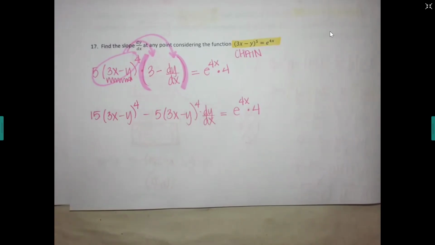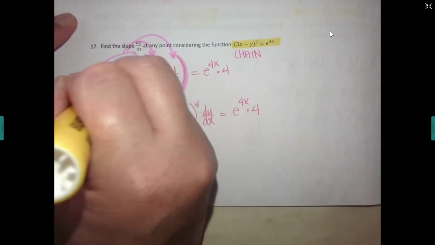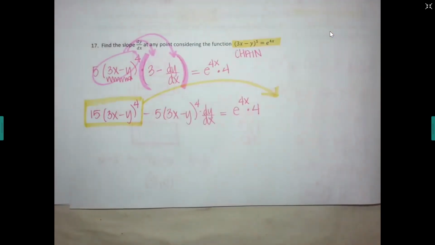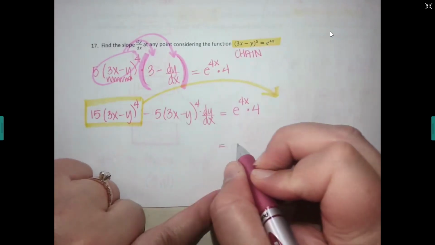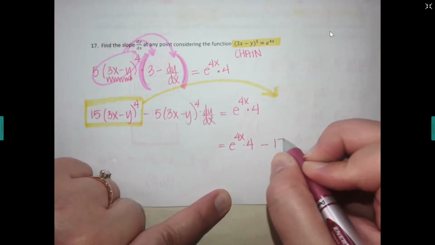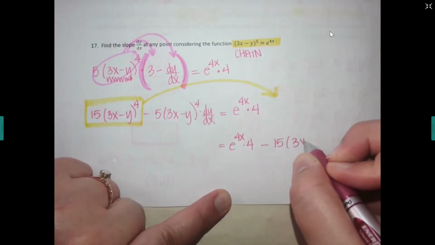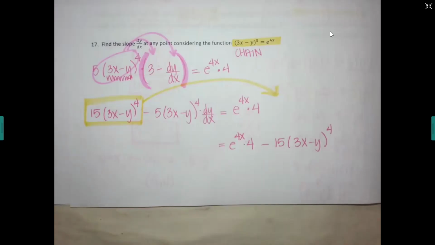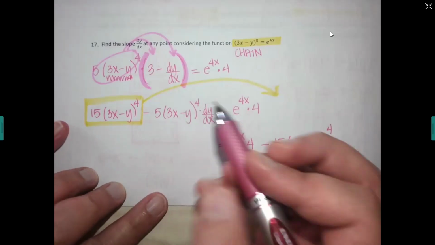So what I mean by that is that this term is going to have to cross and turn negative. So we'll have e to the 4x times 4 minus 15 times 3x minus y to the 4th.